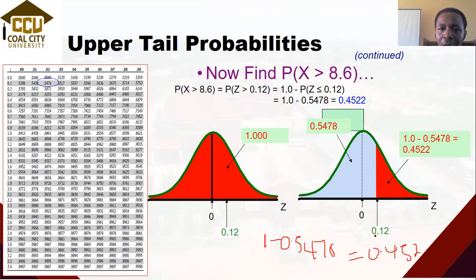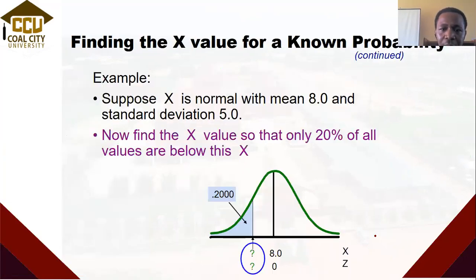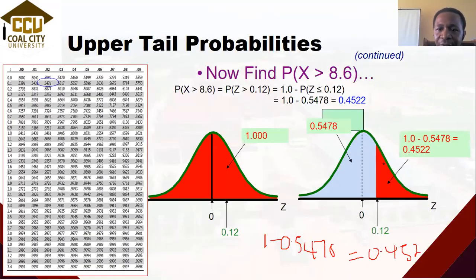Now, having gotten that value of 0.4522, what that simply means is the area up to this point is 0.5478, and this portion is 0.4522.